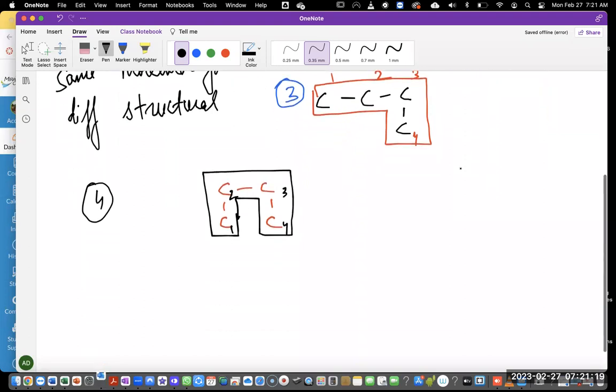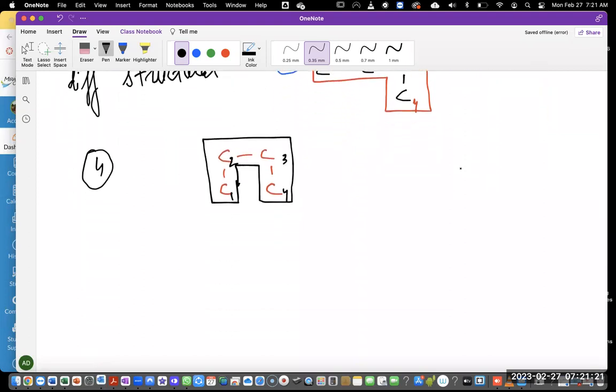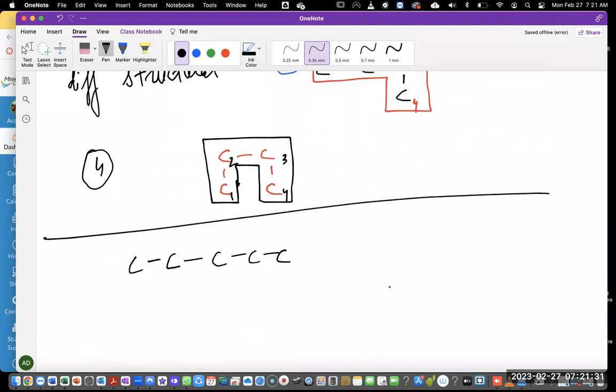Okay. Now, another thing you want to learn is the more carbons you have, the more isomers you can make. So let's take an example, but this time I have 5 carbons. If I have 5 carbons and now I try to make an isomer, guys, remember that the trick is that you want to lower the number of carbons in the parent chain.